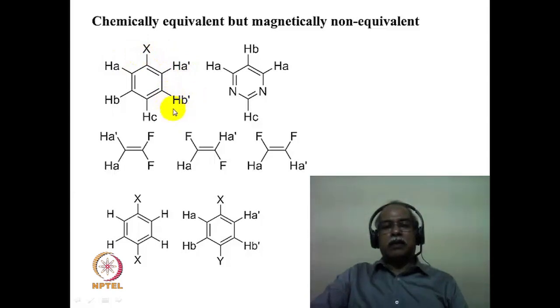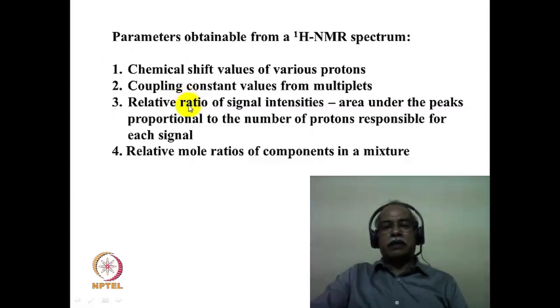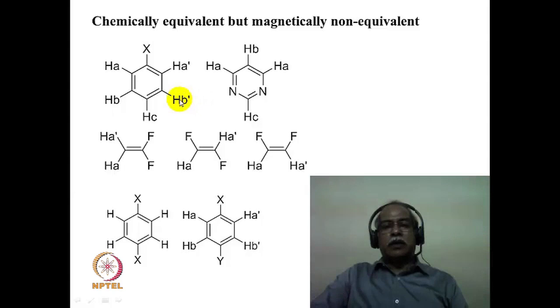Let us take this hydrogen as a reference hydrogen. With reference to this particular hydrogen, these two hydrogens are not geometrically related in the same way. This is ortho, whereas this is para. So they will not have the same coupling constant; the magnetic environment of this hydrogen to this hydrogen, and this hydrogen to this hydrogen, will not be identical. So although they are chemically equivalent, they are magnetically non-equivalent.